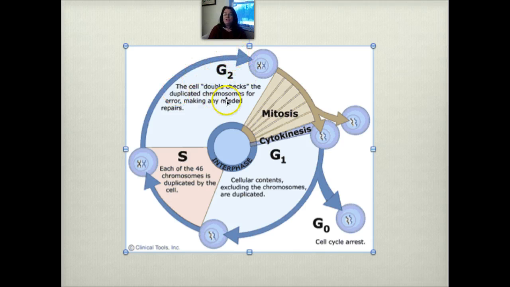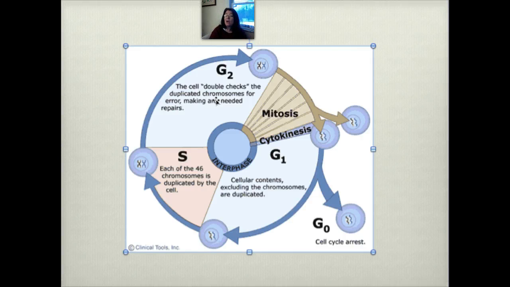In the G2, or the second gap stage, we're also duplicating the cytoplasmic contents and checking to make sure that there aren't any errors in everything that's happened so far. You can imagine that during interphase, G1, S, and G2, there are opportunities for mistakes to be made.